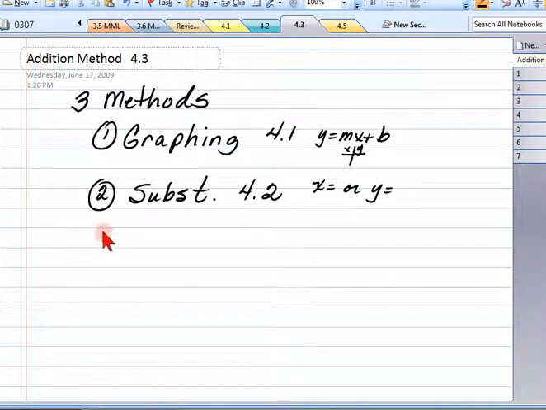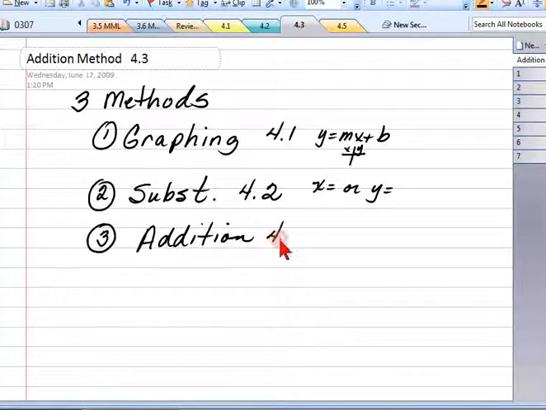Today, we're going to look at our third method, and by the way, there are more methods that are taught in other math classes, and the graphing calculator can do this process as well. But we learn exactly three methods. The last method is called addition.